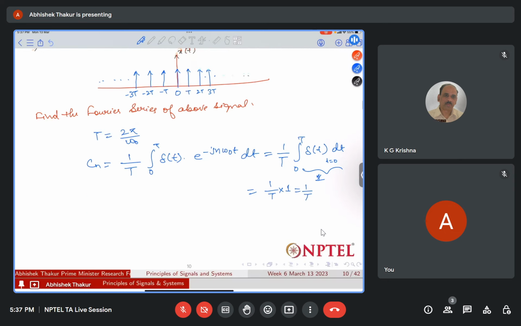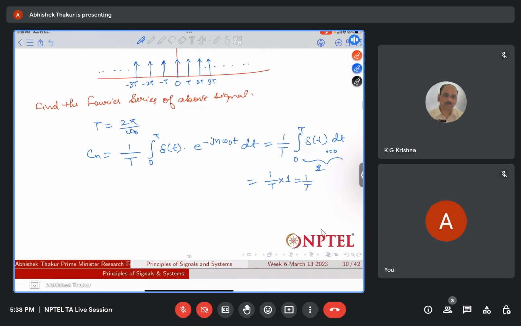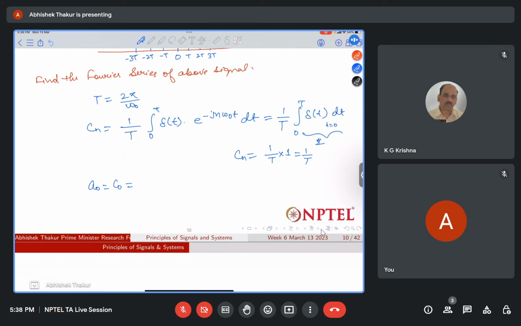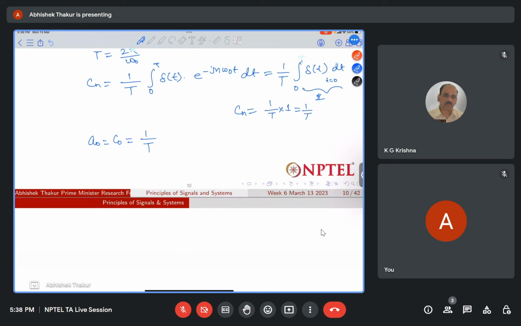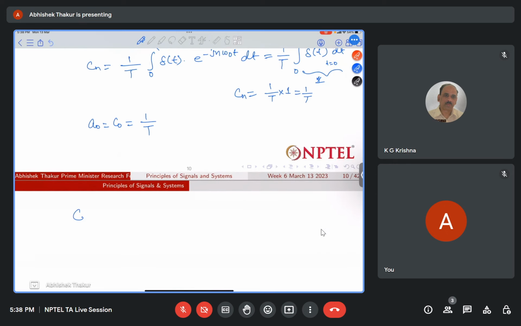So our Cn is 1 by T, and we know that A naught is equal to C naught. Because Cn is 1 by T, here A naught will be C naught, that is also equal to 1 by T. And Cn is equal to An minus jBn by 2, and this is an even symmetric signal.